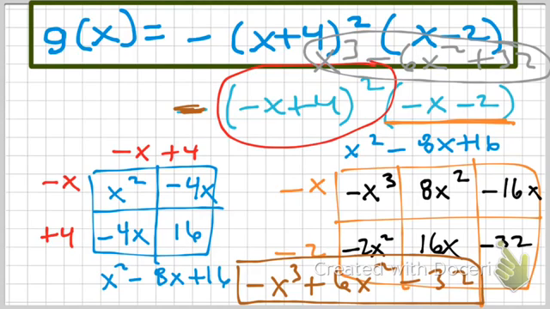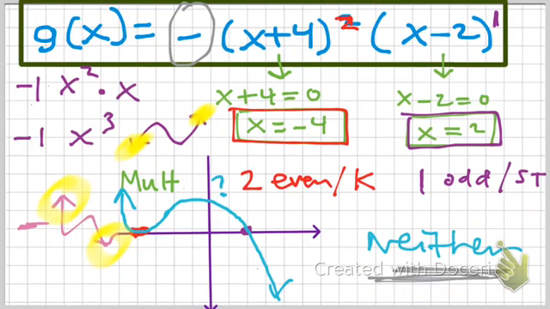That would be to the third power. So that's an odd degree function. Not an odd function, odd degree. Degree means exponent. There's our graph. We did it on the last one.